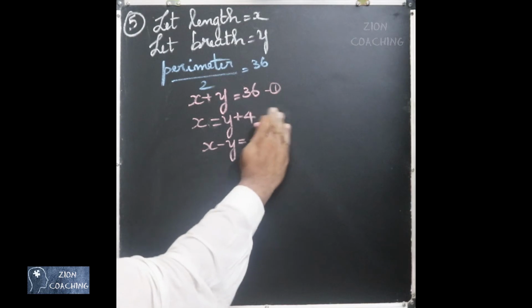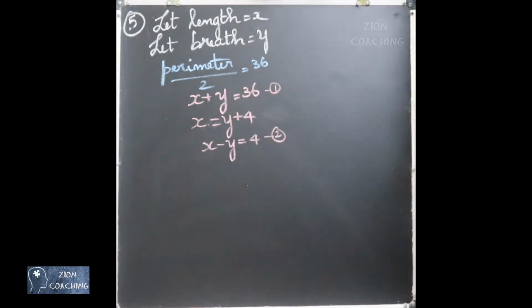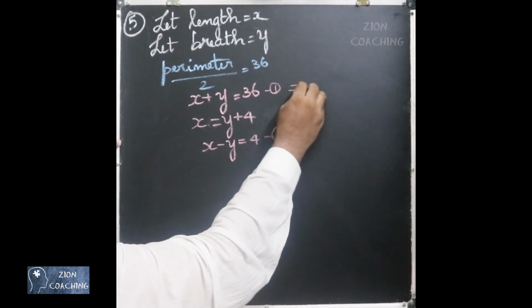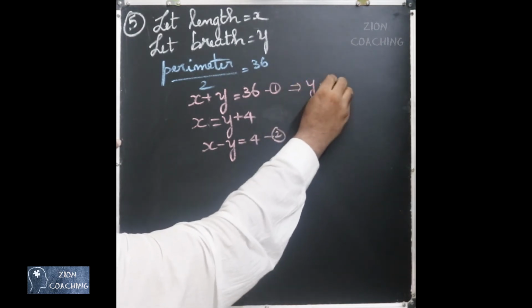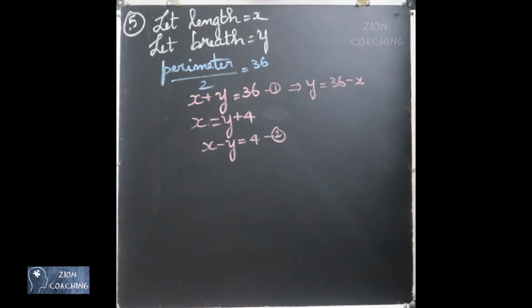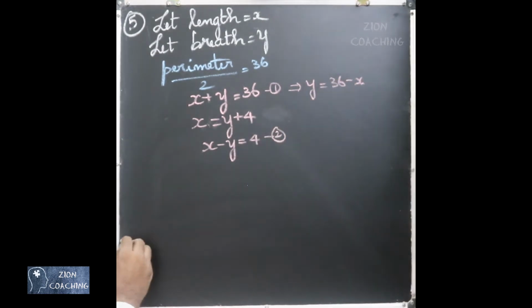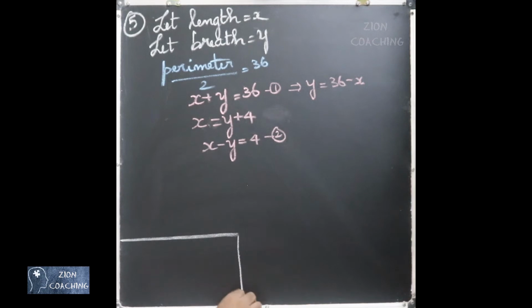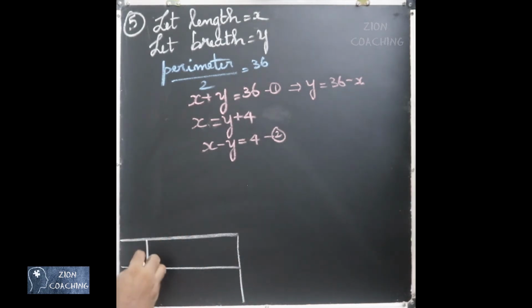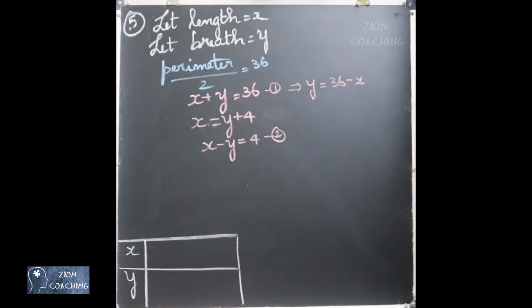Now we are going to solve this graphically. For that we will give values for x and find the corresponding values of y. This can also be written as y is equal to 36 minus x. Now I am going to make the tabular column here. For the first one, I am going to give values for x and find the corresponding values of y.